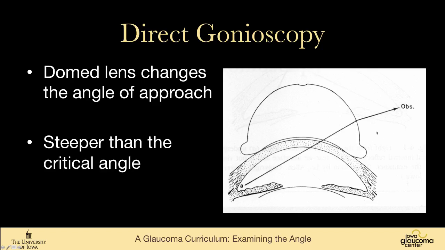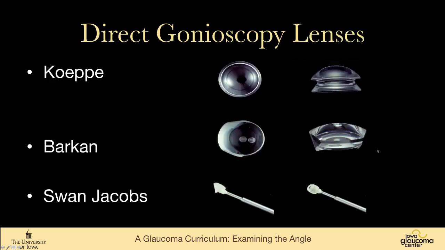So this is now steeper than the critical angle. And there are lots of direct gonioscopy lenses. The prototype is the Koeppe lens, but there are some surgical lenses like the Barkan and Swan-Jacobs lens. And now in the era of minimally invasive glaucoma surgery, there are lots of new lenses being developed for surgery.